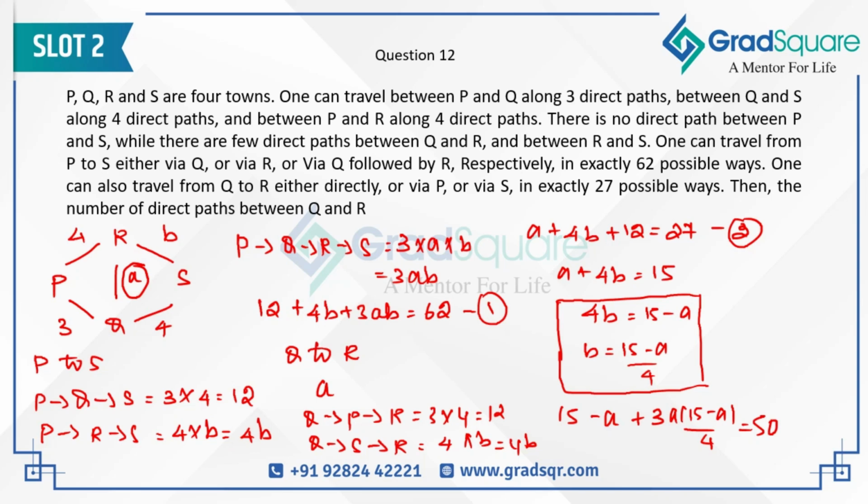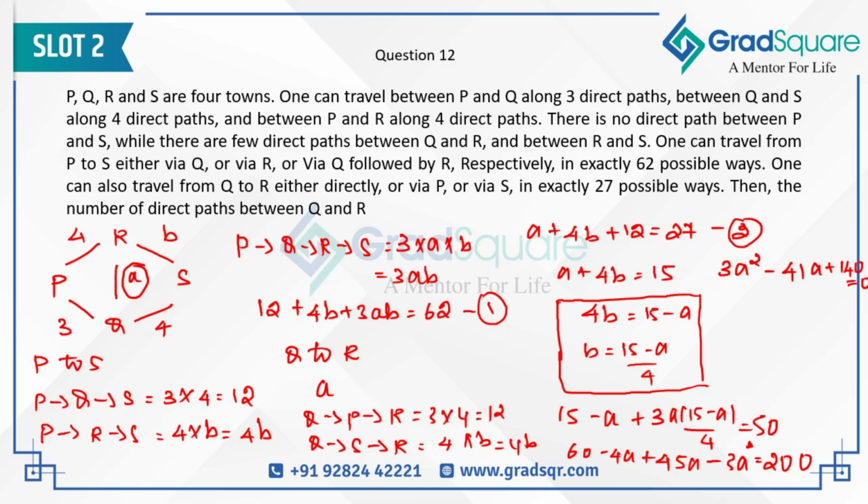And simplifying this, I get 60 minus 4A plus 45A minus 3A square is equal to 200. Now simplifying this gives me a quadratic equation: 3A square minus 41A plus 140 is equal to 0.